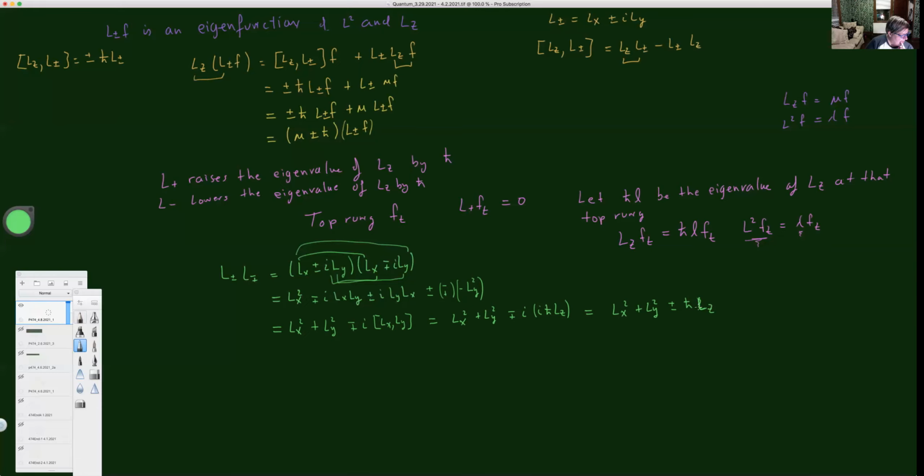Okay, all right, fine. Now the cool thing here is that I can write this in terms of L squared, because remember, L squared is Lx squared plus Ly squared plus Lz squared. So these two things are L squared minus Lz squared. So we write this one more time: L squared minus Lz squared plus minus h bar Lz. Okay, fine.